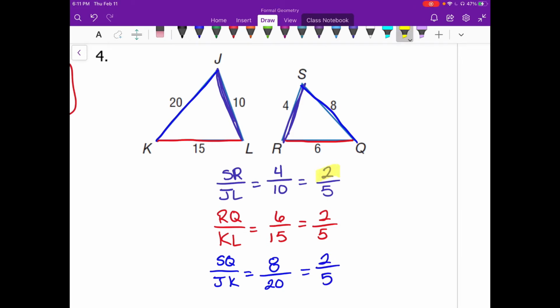So my sides are all the same proportion. They're all 2 over 5. So these triangles are similar by side-side-side similarity because my sides are all proportional. So let's write out my similarity statement. Triangle JKL is similar to triangle SQR.